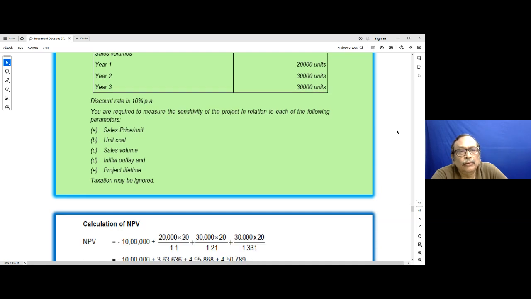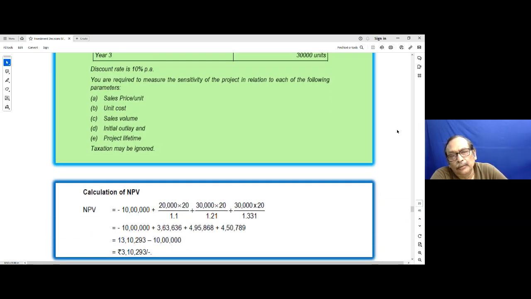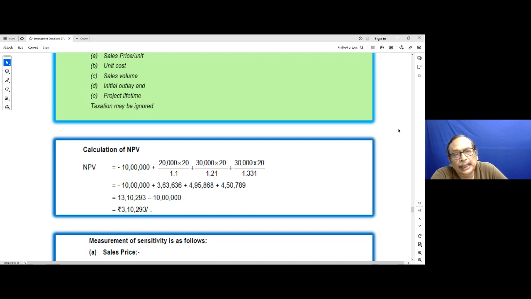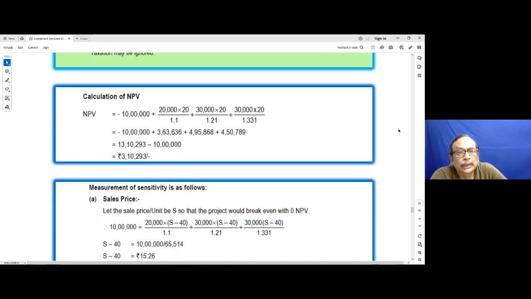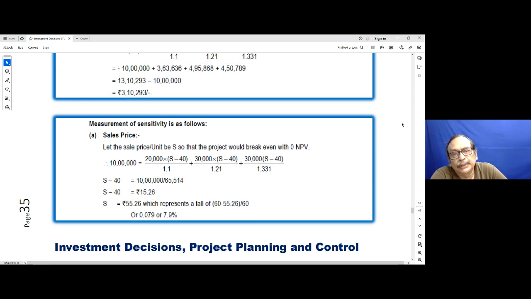So we have 10%, that is 1.1 to the power 1, then 1.21, then 1.331. So we get NPV is equal to rupees 13,10,293 minus 10 lakhs, it comes to rupees 3,10,293.